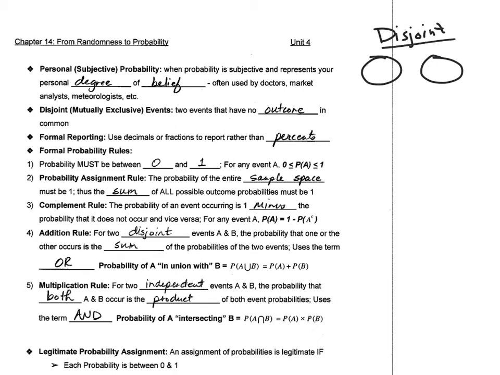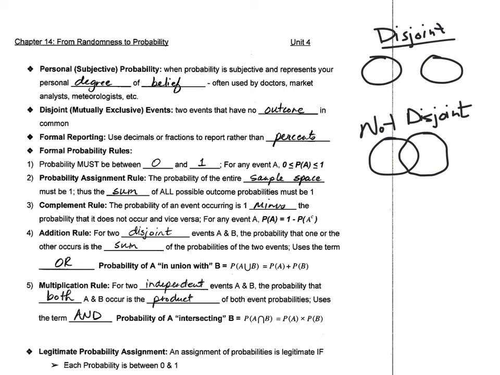They're totally separate. One has no effect on the other. These events are not disjoint, like so. You'll notice those two circles overlap each other, so they have something in common.